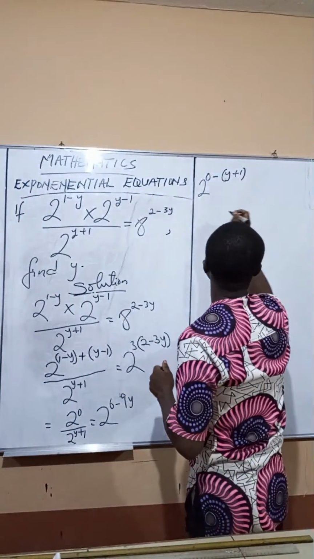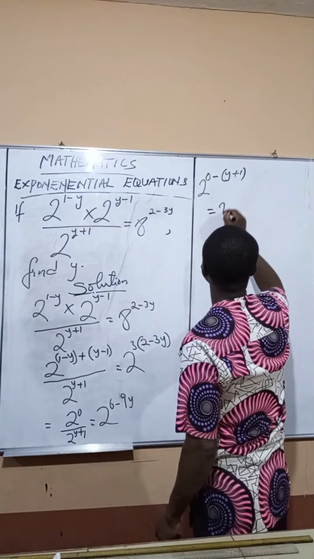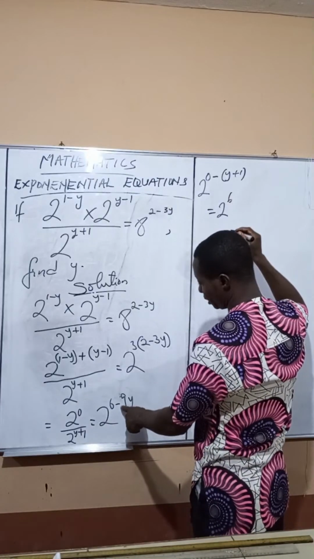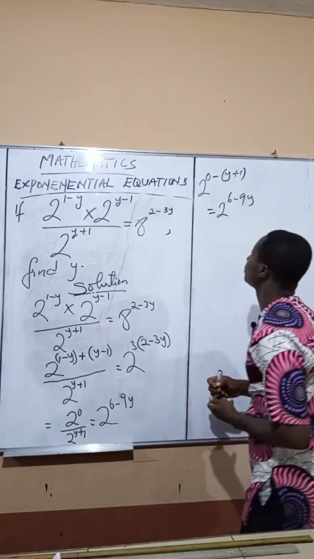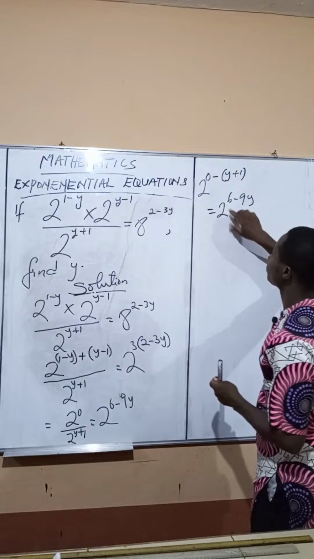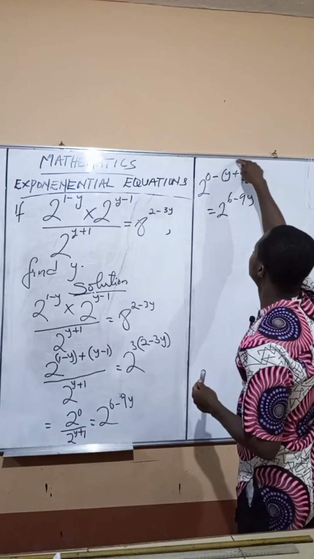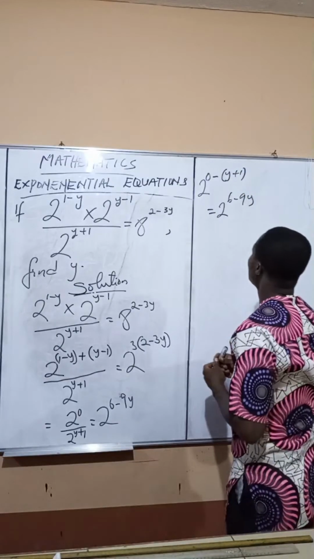So this one is equals to this 2, all right? That is, this 2 here is for 6 minus 9y. Yes, I think it's better this way, which means this is equals to this. Now that the bases are equal, we can equate the exponent.